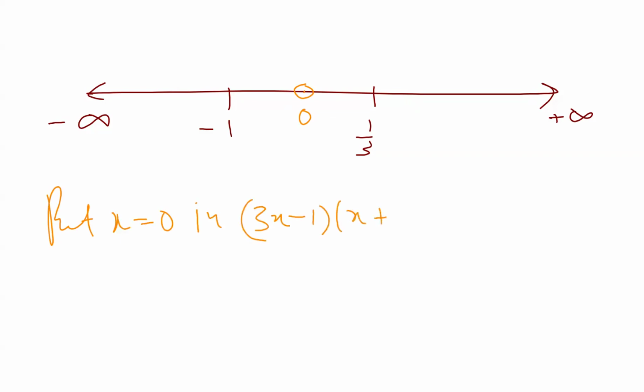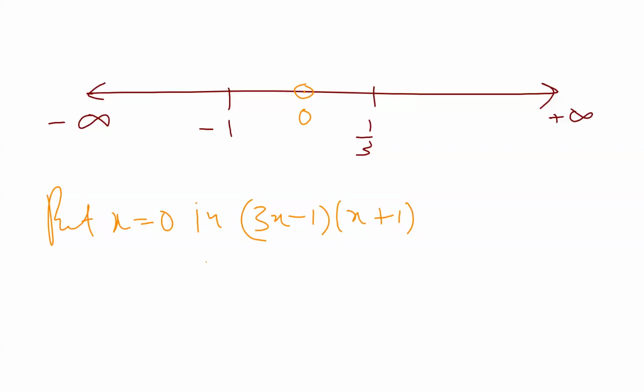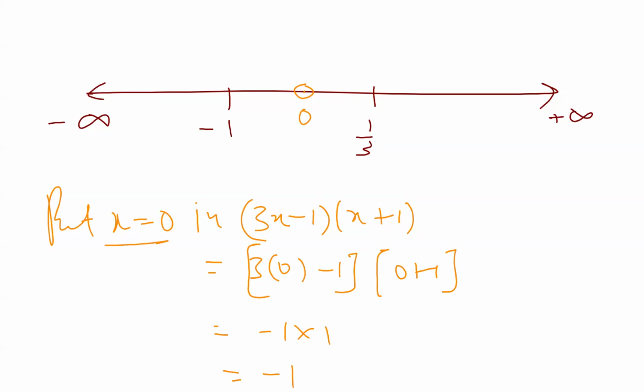We put the value of x in the left hand side, right? So this is equal to 3 into 0 minus 1 into 0 plus 1, right? So this is minus 1 into 1, which is minus 1. So for 0, we got a negative answer. This entire region is negative.